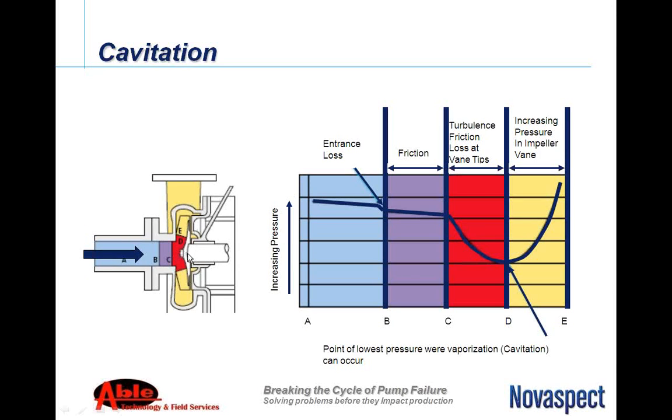On this chart here, we have the A here, so you have an entrance loss. Now these are pressure drops. It's what actually is coming into the inside of the impeller.